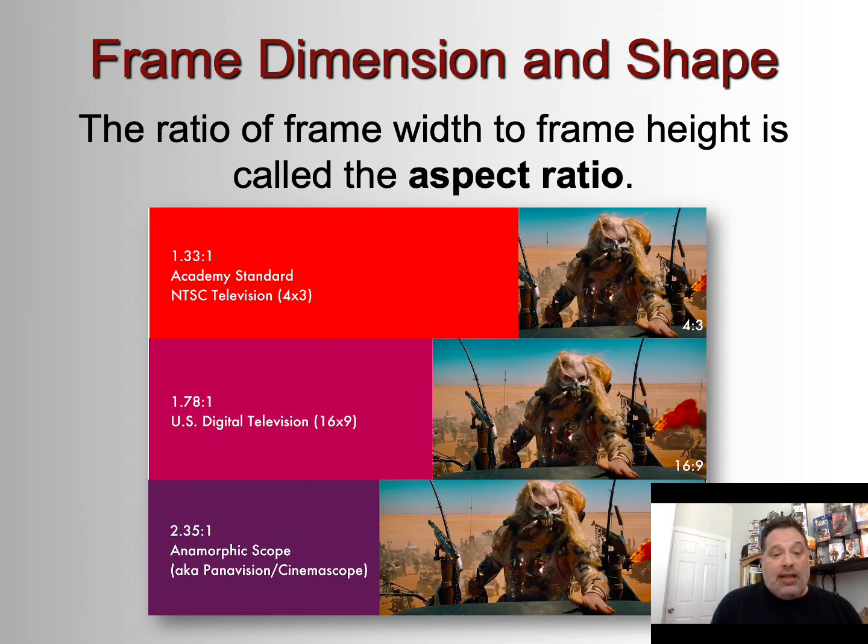If you had the projection in the middle here, 1.78 to 1, which is now the standard for television, and you tried to project it onto a TV back in the 80s and 90s, it would have been closer to this, 1.33 to 1, which was the original Academy standard for cinema back in the 1930s. Also, traditionally, a standard television was square, because TVs for the first 40 or 50 years of their existence were square, right?